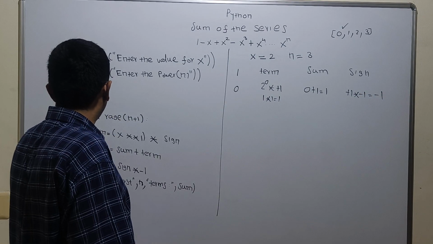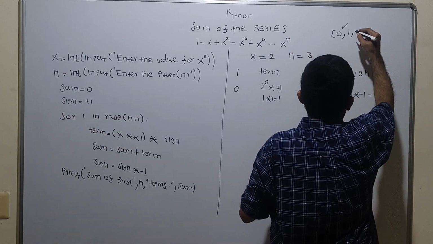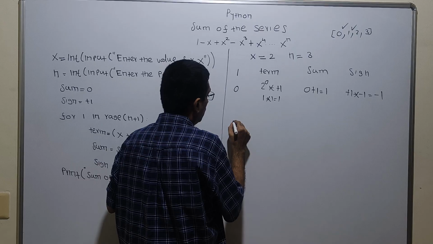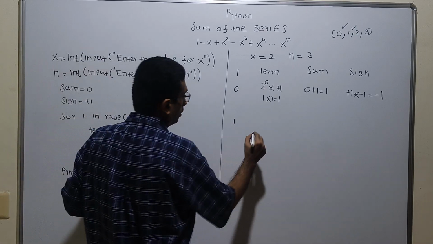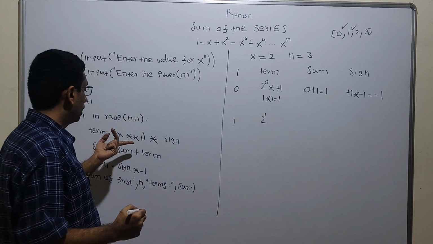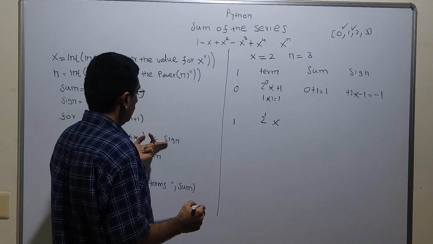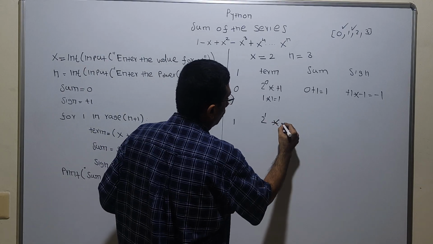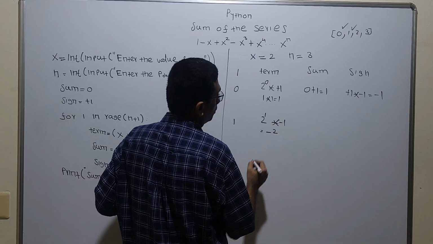Again the control will come to the loop header. I will take the next value in the list, that is 1. I becomes 1. So we calculate the term, that is x power i, 2 power 1 multiplied with the value in sign, minus 1. So that is equal to minus 2.